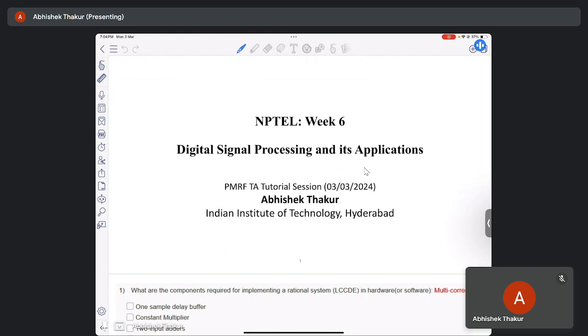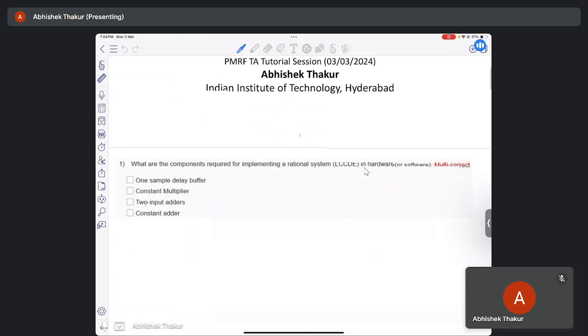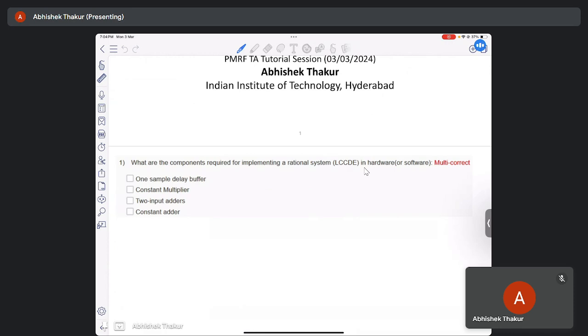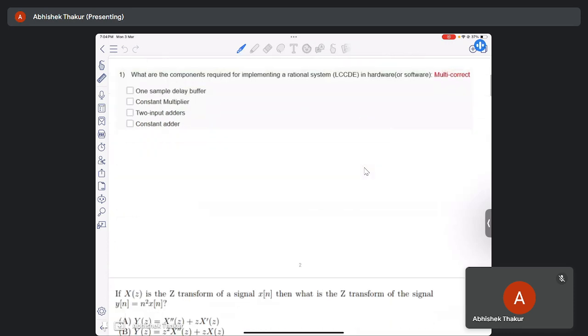The first question is, what are the components required for implementing a rational system, LCCDE? LCCDE means linear constant coefficient difference equation system. So we have to find what are the components required in this.